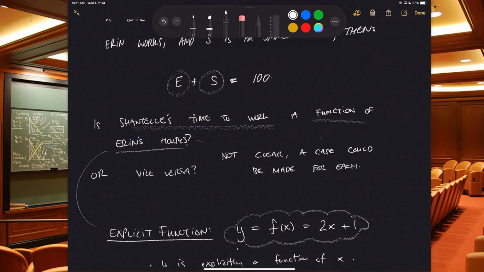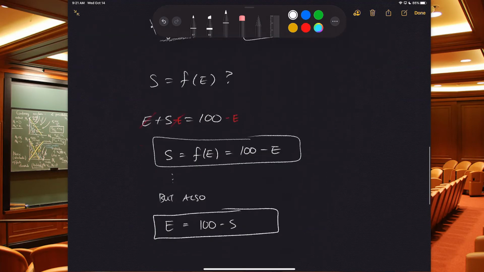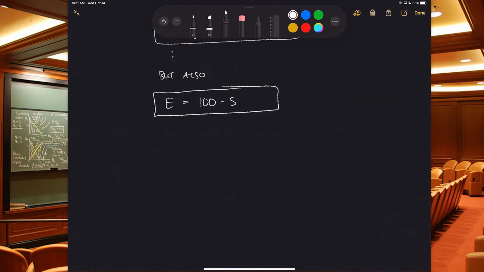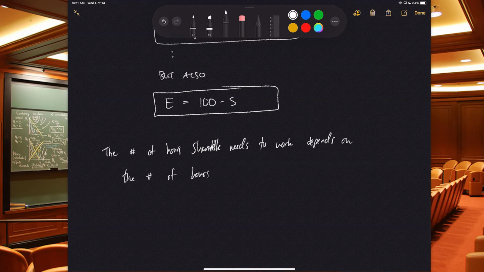And we can solve it like I just showed you. And the case is that the number of hours Chantel needs to work depends on the number of hours Aaron works, and vice versa.